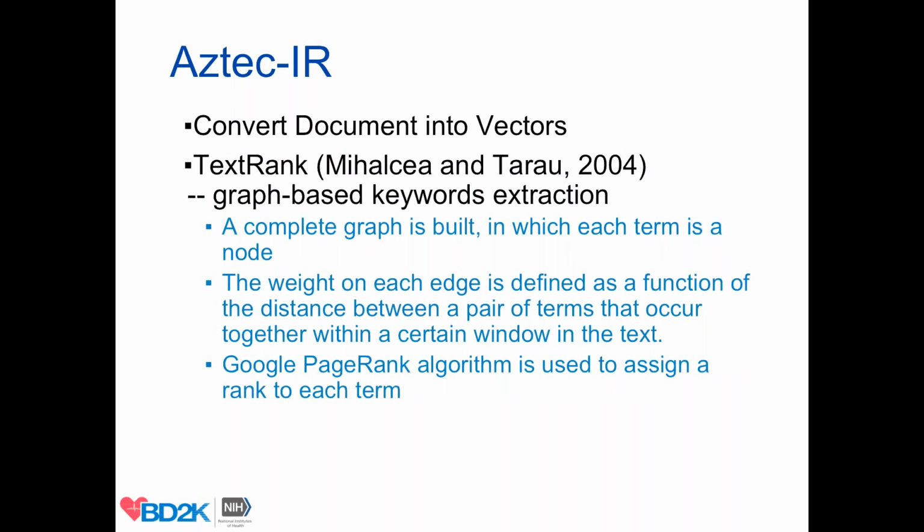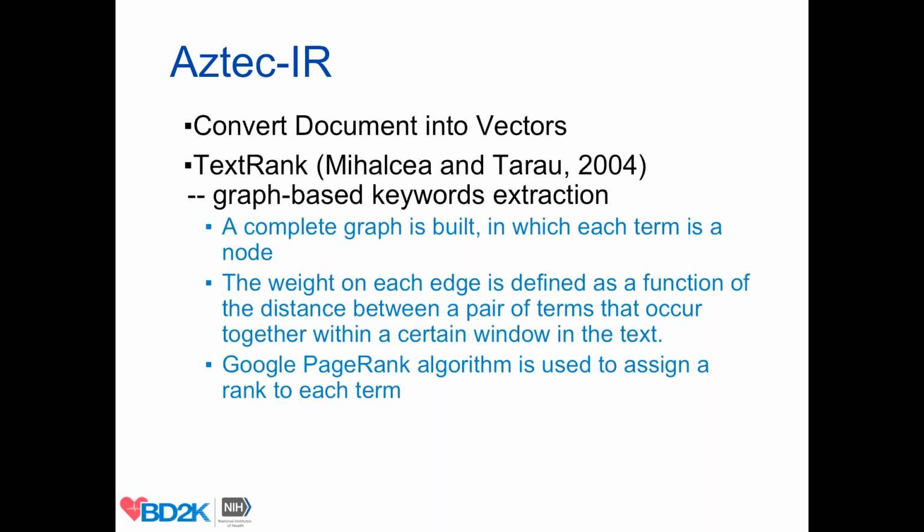When coming into stage 2, we try to convert documents into vectors for similarity calculation. We use TextRank, which was published in 2004, to evaluate the importance of each term in a given document. It is a graph-based keyword extraction method. It first builds a complete graph where each term is a node.